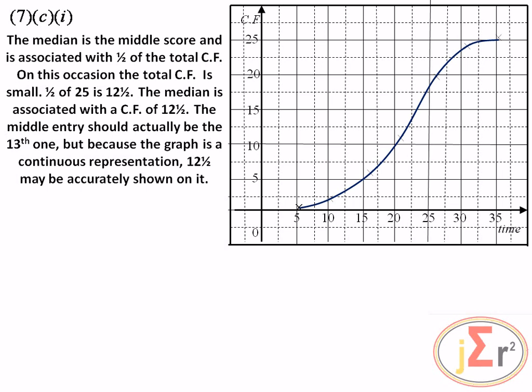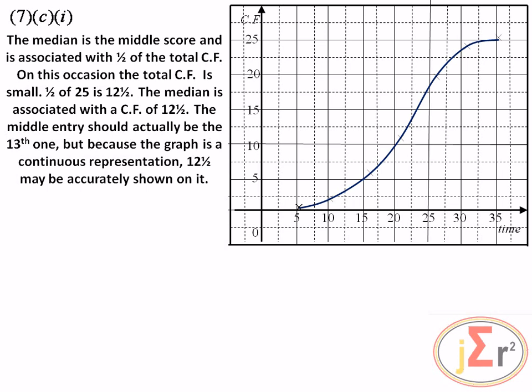The middle entry should actually be the 13th one, but because the graph is a continuous representation, 12 and a half may be accurately shown on it. So we are taking advantage of the fact that we have a continuous representation rather than a discrete one.